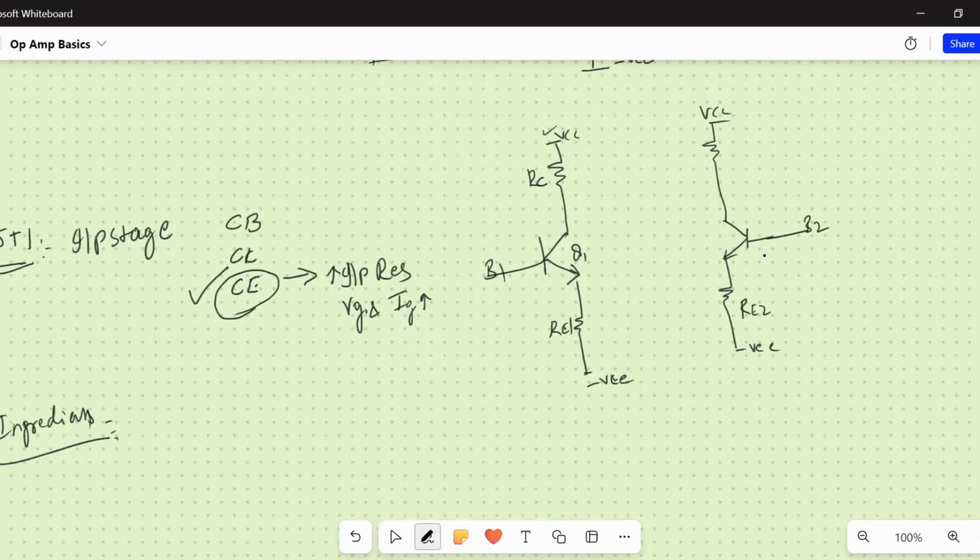I will make some rearrangement of this one. I will join these two, if I can join these two REs, these configurations.